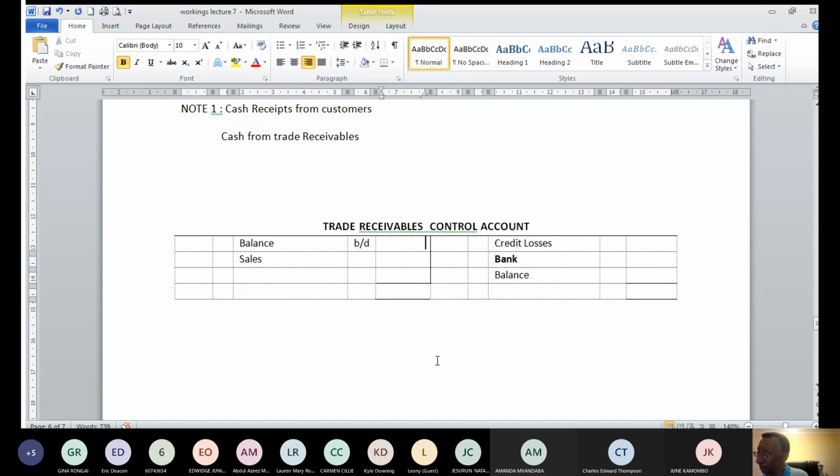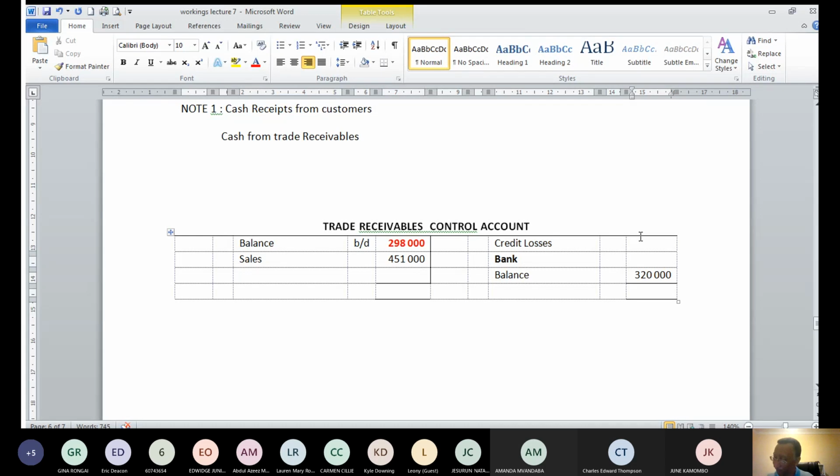That is the balance for the year 2009. Opening balance, 298,000. My closing balance is given to me as 320,000. My sales for the year from the statement of profit and loss and other comprehensive income amounted to 451,000 rand.